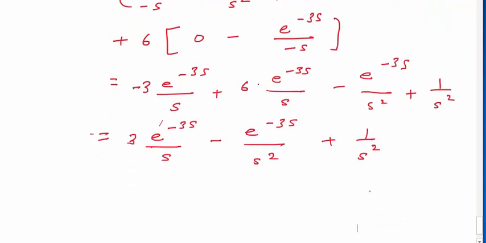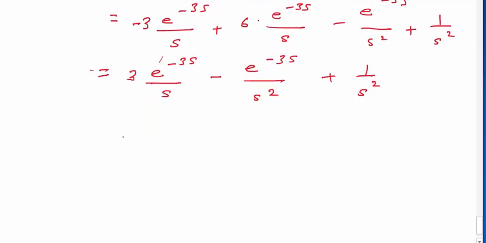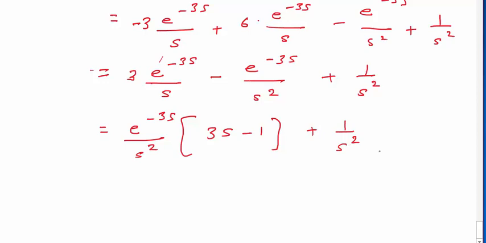We can take some common terms out. So what can we take out? e power minus 3s upon s square, suppose we are taking out. So here we have 3s minus 1 plus 1 upon s square. Done.